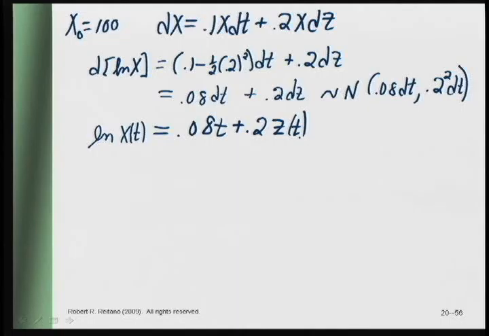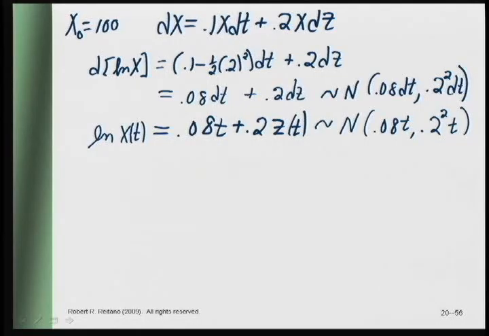And this is saying that the log of x at time t is normally distributed with a mean of 0.08 t and a variance of 0.2 squared times t. Because remember, z of t has a variance of t. From that, we can use the formula.